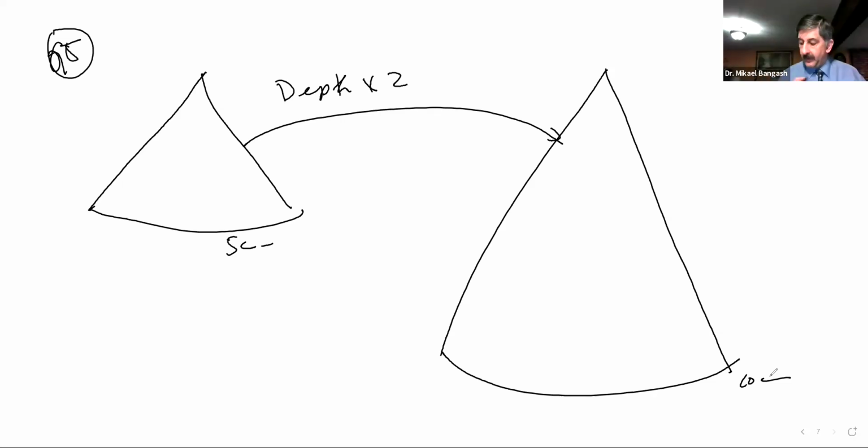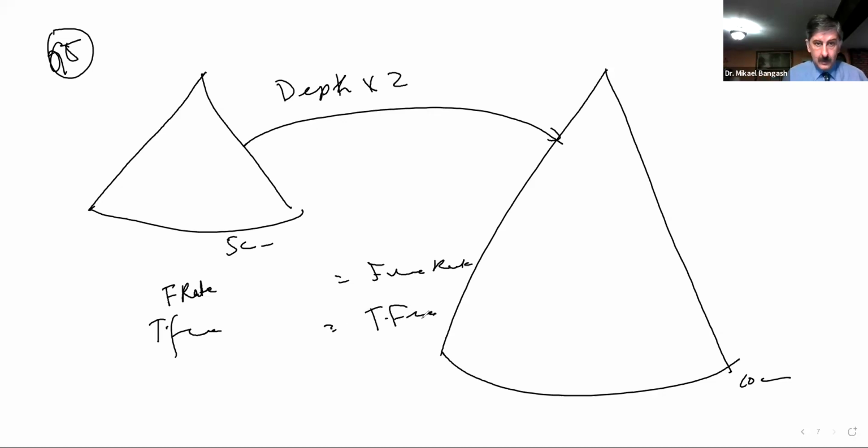Now, if the frame rate remains the same, which of the following also occurs? What this says is that the frame rate here equals the frame rate here, which may mean that the T frame for this one here would have been the same as the T frame for this one here, although the depth has been doubled.